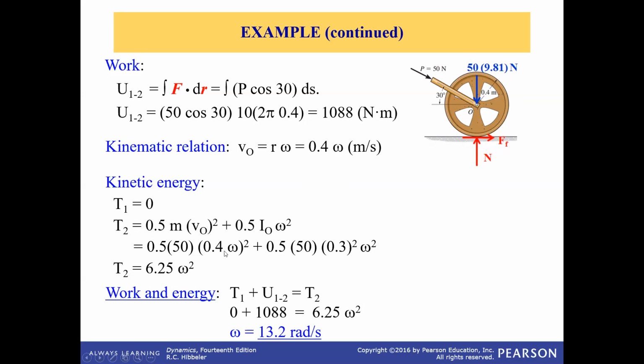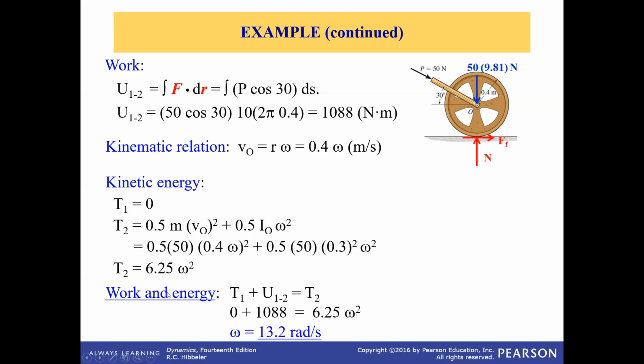You add the two up. Because it doesn't slip, the linear velocity is equal to r times omega. So you can substitute vO with 0.4 omega. Then in this expression, you only have omega as an unknown. So T2 is 6.25 omega squared.